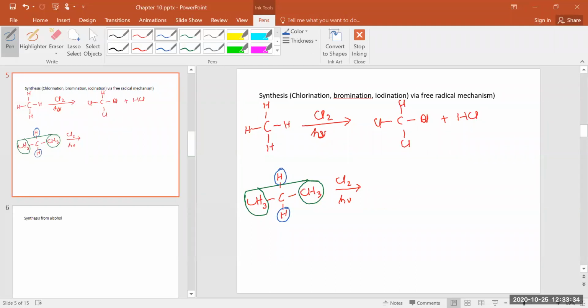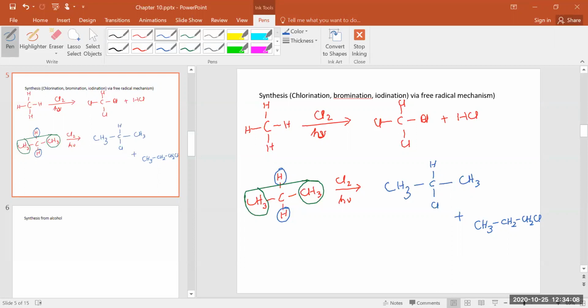So you have a probability of forming two different products. In one, the secondary hydrogen is replaced, and in the other case, the primary hydrogen is replaced. So two different products will form.